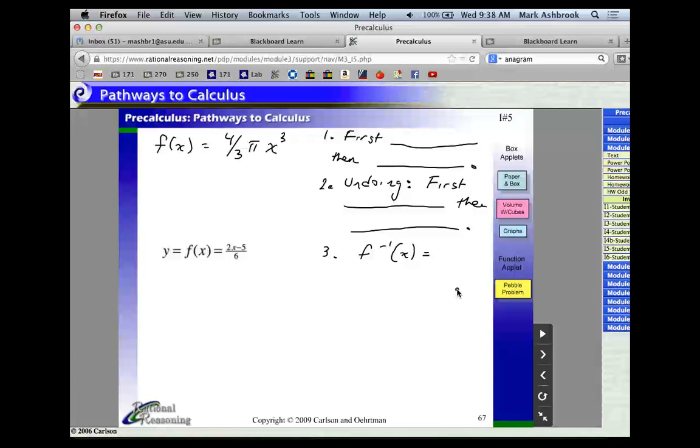This one's a little harder. 2x minus 5 all over 6. Work on that one. If you're still on the first one, that's okay.